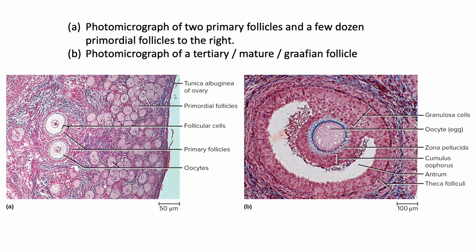And in B is a mature Graafian follicle with the large antrum, an open fluid-filled space, and the oocyte with the zona pellucida around it, perched on a little pedestal almost of granulosa cells. So just be able to recognize those if I ask about parts of follicle development within the ovary.